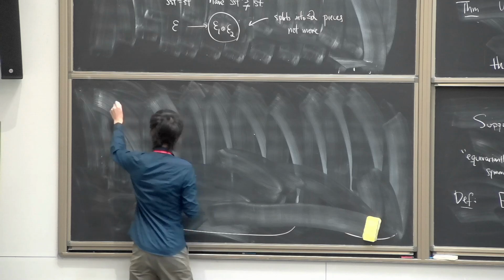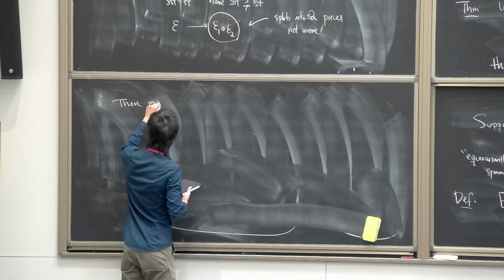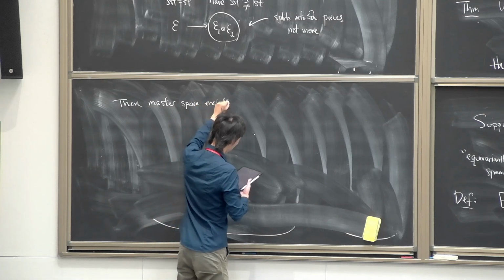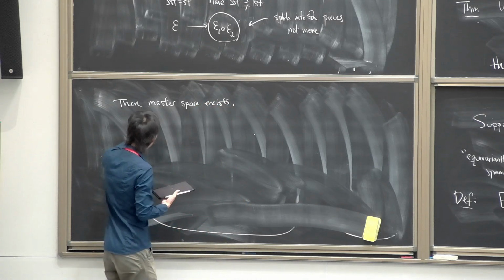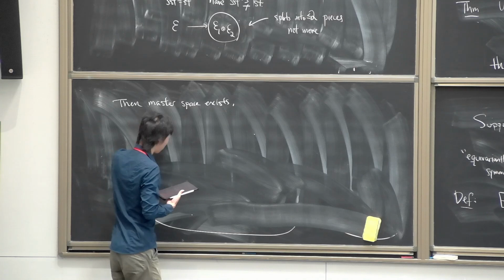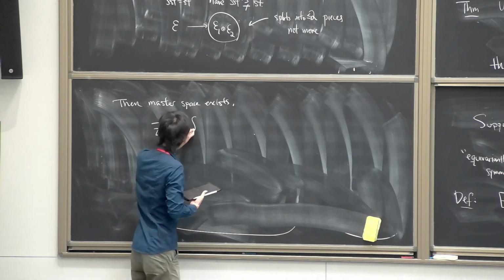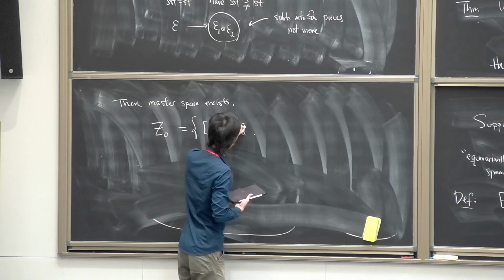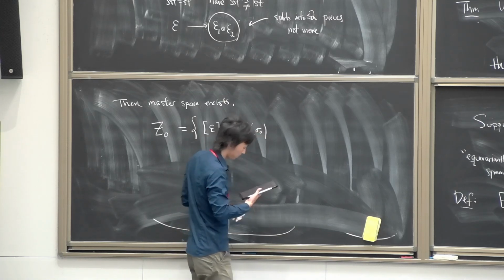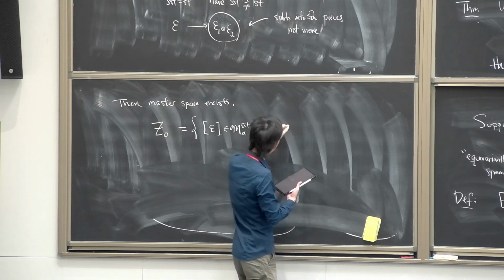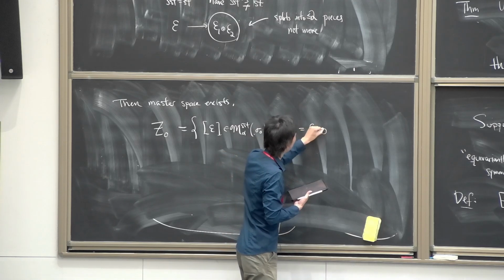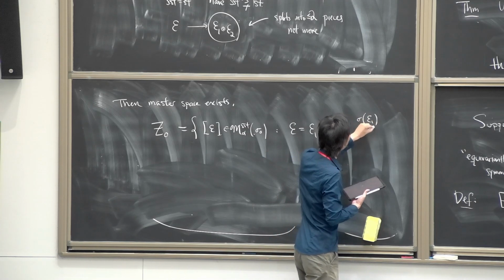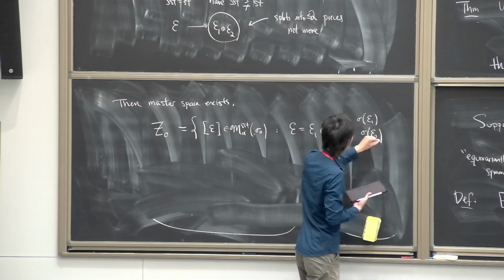Okay, so then a master space exists. And in particular, this complicated locus, which provides for you the wall crossing term, is the locus of points E inside M alpha semi-stable at sigma 0, such that E splits as E1 plus E2, and maybe E1 and E2 have the same slope under your stability condition.